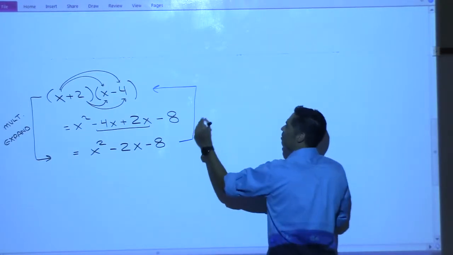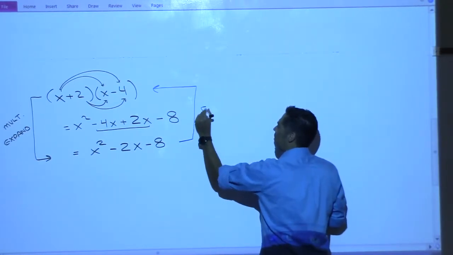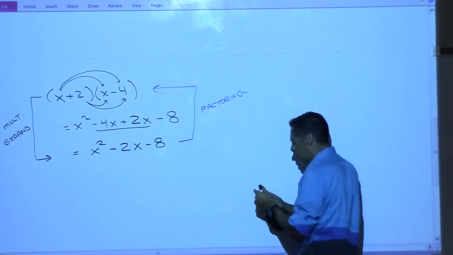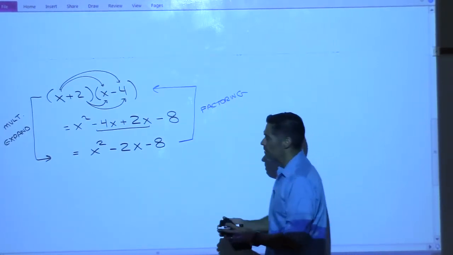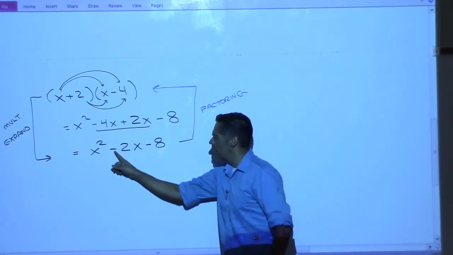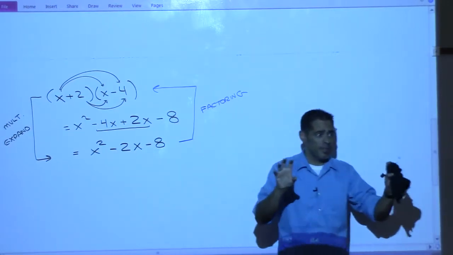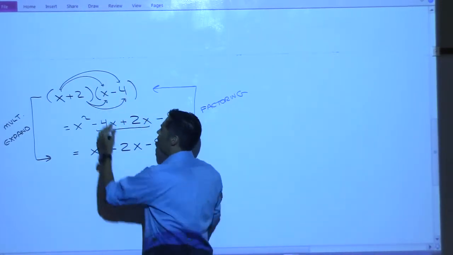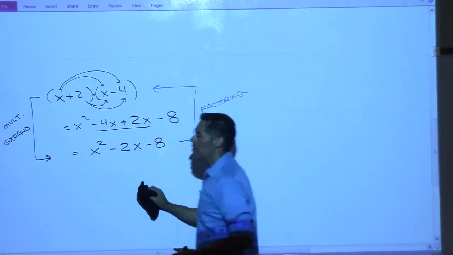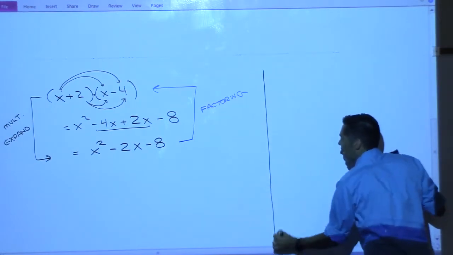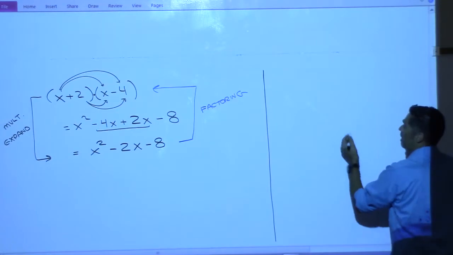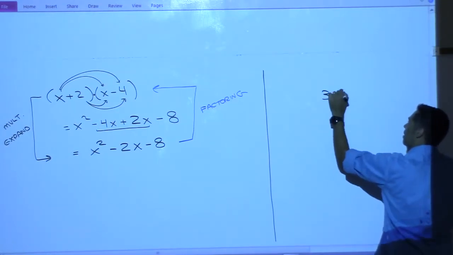So going from here back to here, that's called factoring. What you're doing is taking an expression that has pluses or minuses between these terms, and you're somehow trying to turn it into two things that are being multiplied. Something similar would be if you take 3 times, let's say 5.